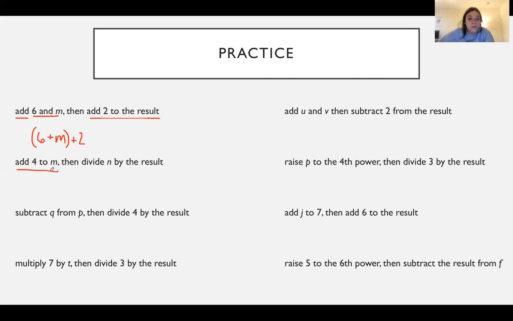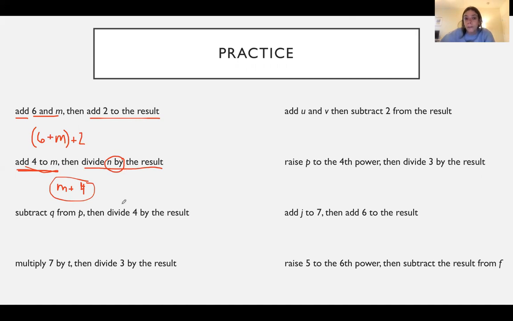Again, add 4 to m, then divide n by the result. So we're adding m plus 4 as the first step, and then you're dividing n by the result.